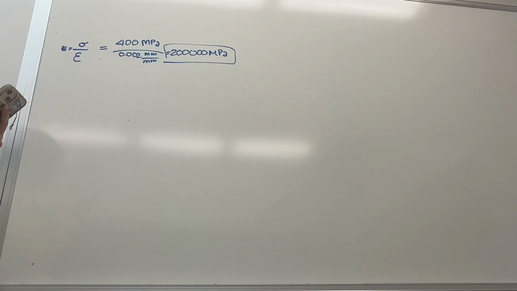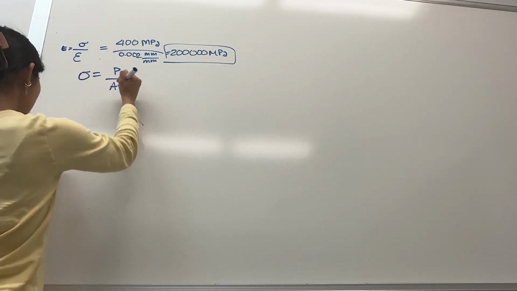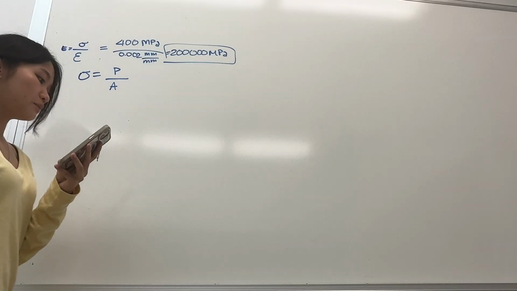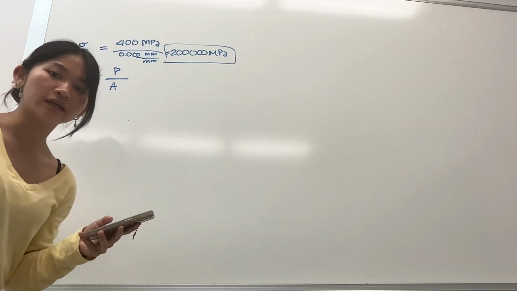And then we need to find, for part C, the longitudinal stress, the strain, and lateral strain due to the applied 20 kilonewton tensile force. So for that, we have stress is equal to the force over area, and we have the area since our diameter D is 10 millimeters.